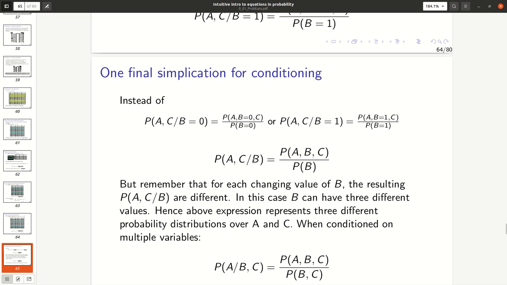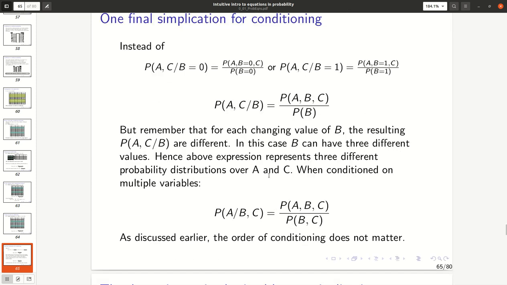For each different value of B, we get a different distribution over A and C. Since the value of B can be low, medium and high, there are 3 different values, so this whole expression in entirety represents 3 different distributions, or 3 different tables.